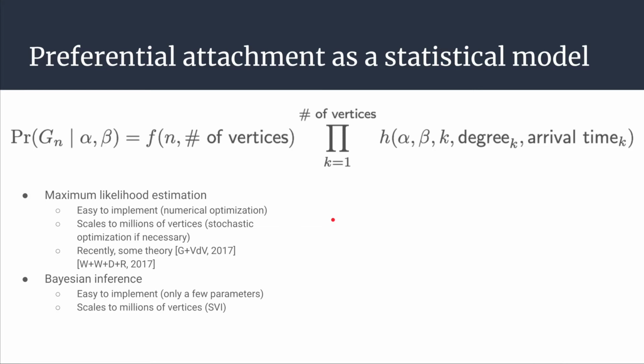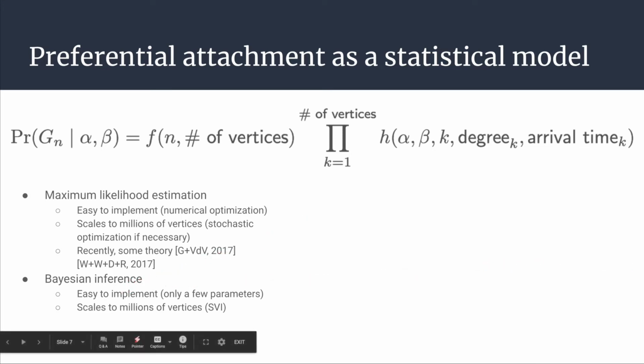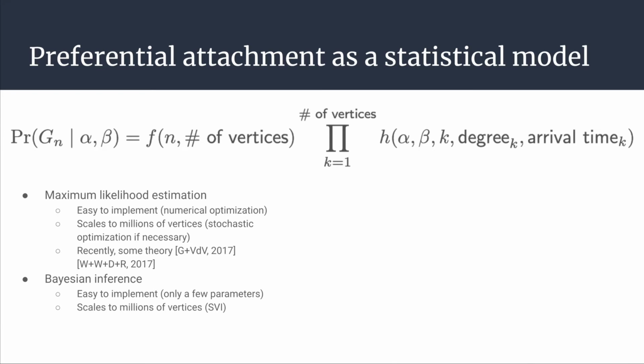So when we have the arrival times, we can fit preferential attachment models to data quite easily, even really, really big networks. Okay, Bayesian inference is just as easy and just as straightforward to implement, and we've done that in both cases with big networks when we see the arrival time.